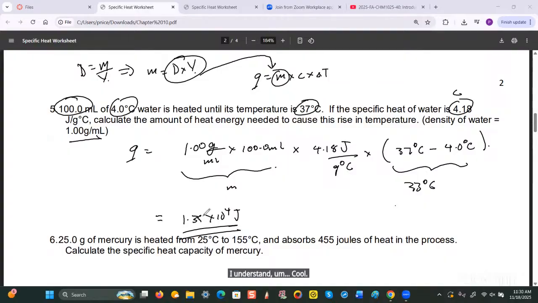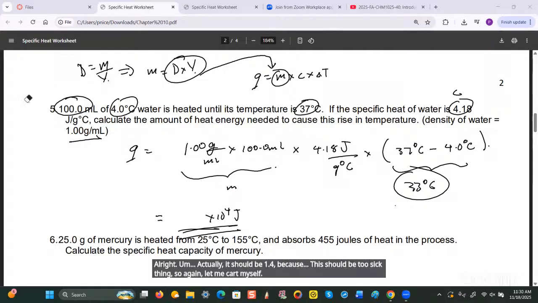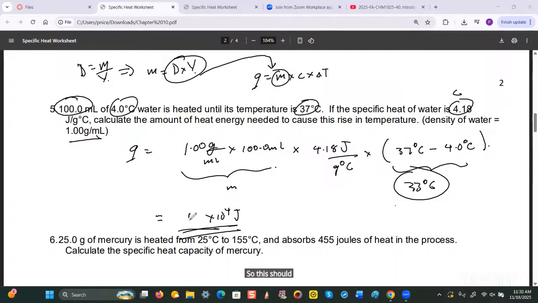All right. Actually, it should be 1.4 because this should be 2 sig figs. So again, let me correct myself. This should be 1.4 because I have to round to 2 sig figs because of the 33. All right.